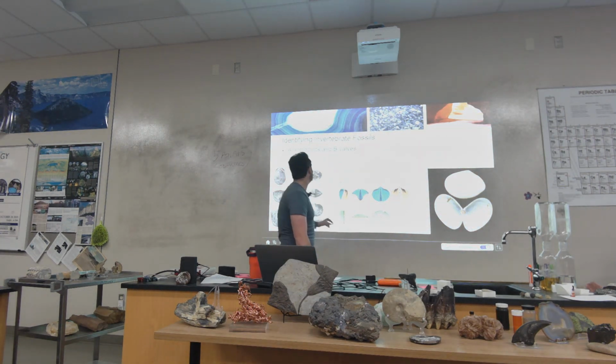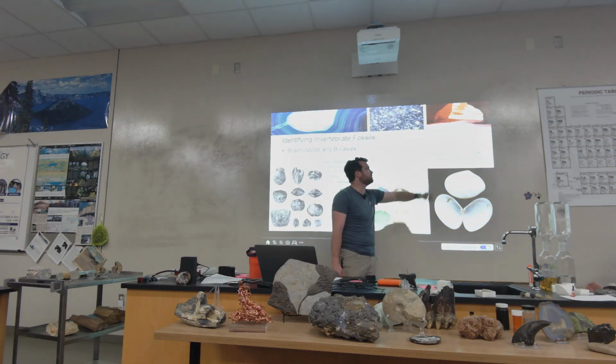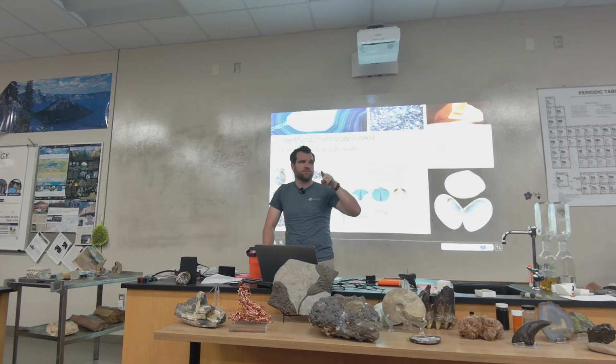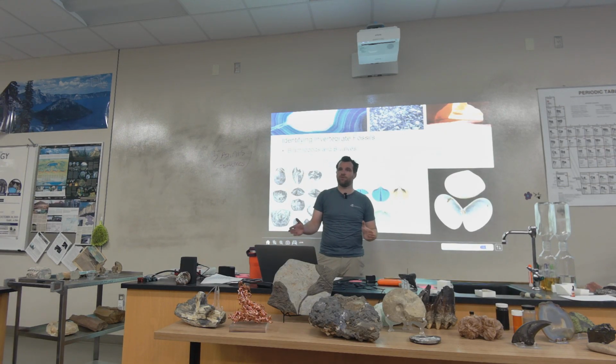Also, brachiopods were around for a lot longer. They showed up about 541 million years ago. Bivalves showed up about 500 million years ago, which is actually a good note. You're going to have a chart at the bottom of this lab that you need to put X's in to fill in the boxes when these things were alive. You're going to put an X in every slot that those things have been alive during, starting with where they started and ending with where they are now or when they went extinct.